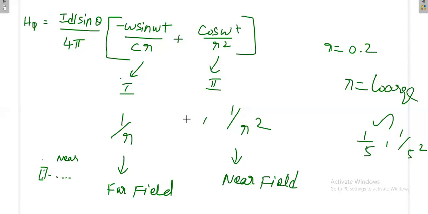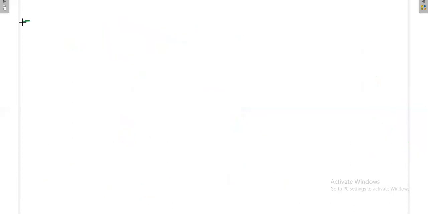So for H phi, first 1 by R means far field and 1 by R square means near field. Then I will write another parameter, E theta. What is E theta? E theta is equal to I dl sin theta divided by 4 pi epsilon.